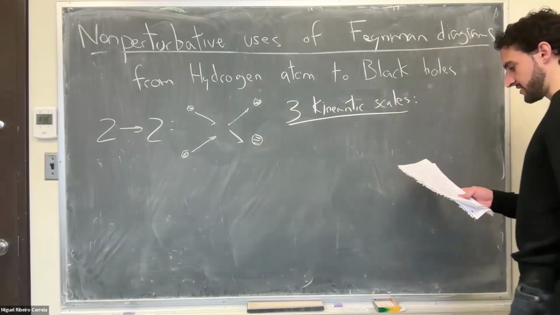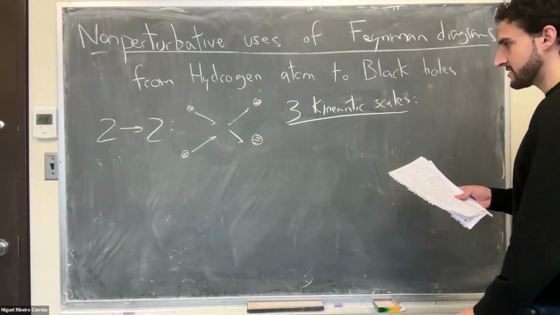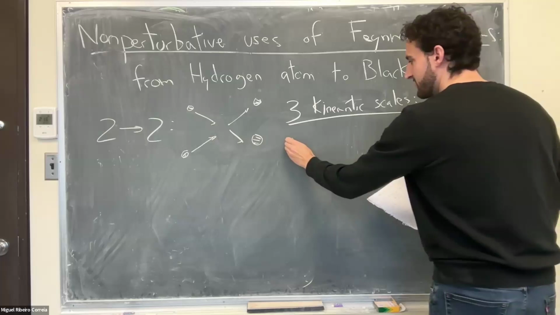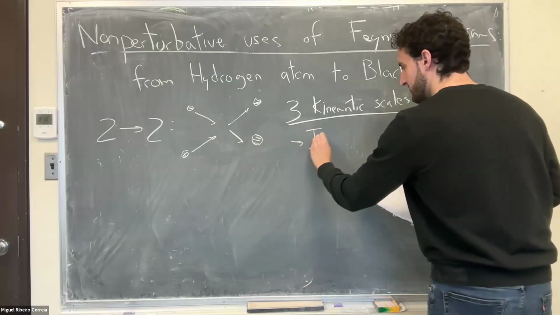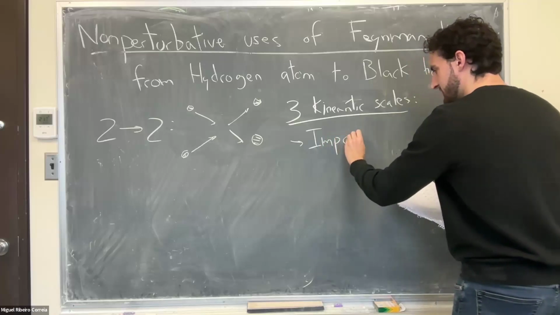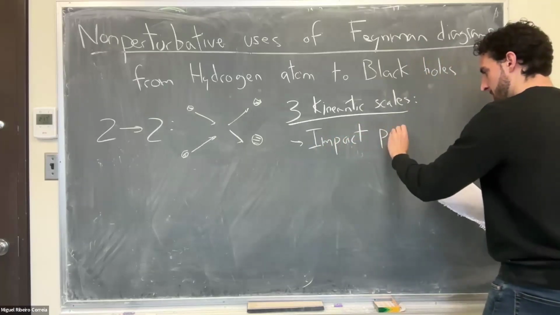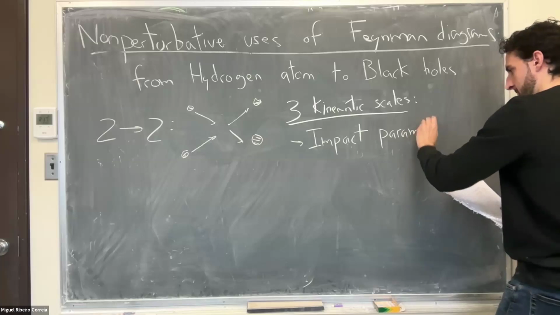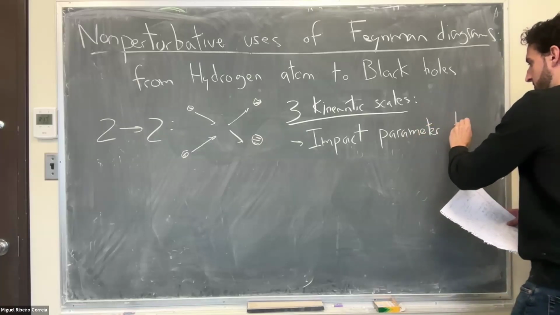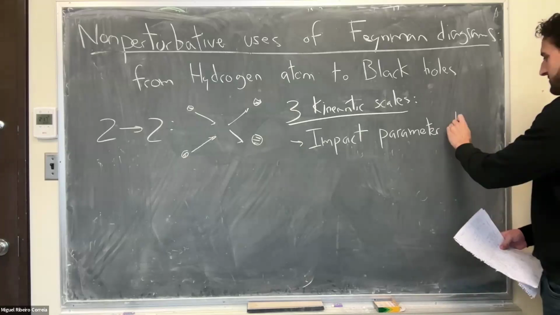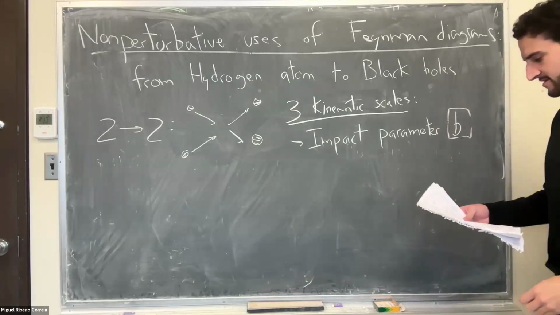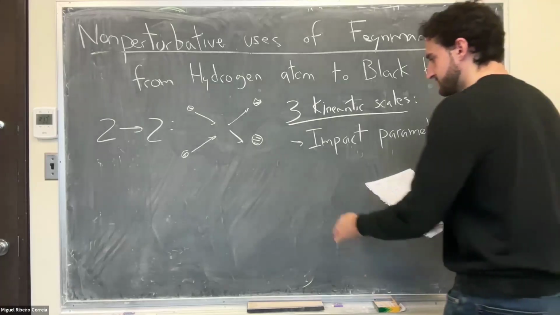One is very obvious: the impact parameter, B, the typical distance between the two particles.